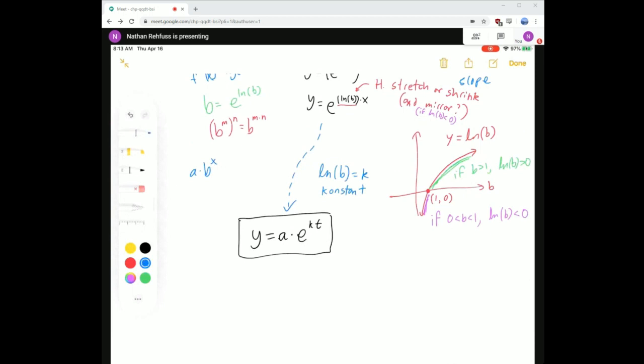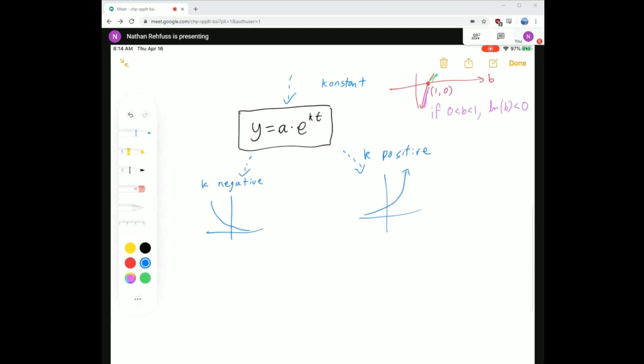So if k is positive, then I'm looking at exponential growth. And if k is negative, then I'm looking at exponential decay. And we can think of k as being a horizontal stretch or shrink, and possibly a mirror, on this function e to the x. So it tells us how quickly or how slow we're going to grow or shrink. So that's k's job.